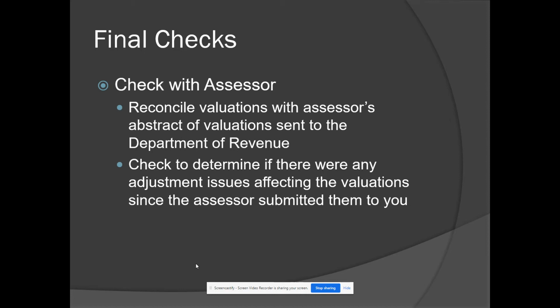And also just check in with the assessor again to see if there were any adjustment issues that would affect the valuations since they sent that data to you. Did something occur that you need to then make a correction in your file in the valuation system?